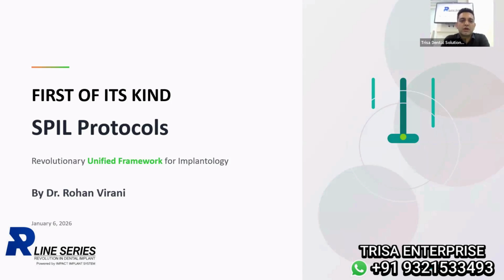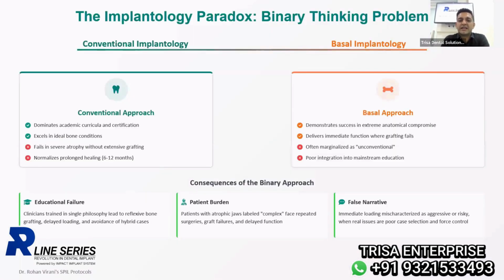So when it comes to conventional implantology, which is like a conventional approach, so all these years in whatever curriculum, academics, certifications you will see, the conventional approach demands that you create ideal bone situations, which means that if you don't have bone, you need to first augment bone and then place the implants.